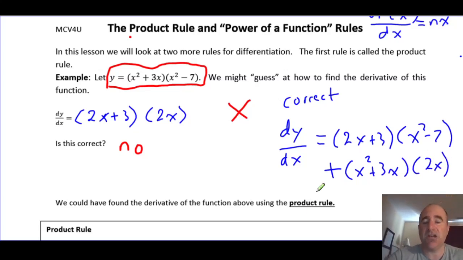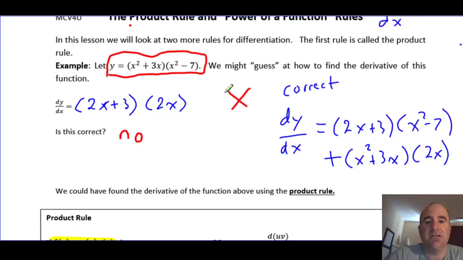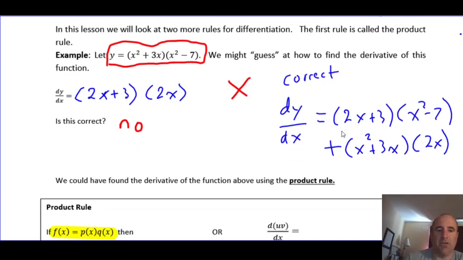Unsimplified, but that is actually the correct derivative. If you don't believe me, you could expand this and take the derivative, and you find that you do, in fact, get the same thing. And by the way, this is a cubic function. You have a 2x cubed and another 2x cubed. That gives you the 4x cubed that we know we should see in the derivative.